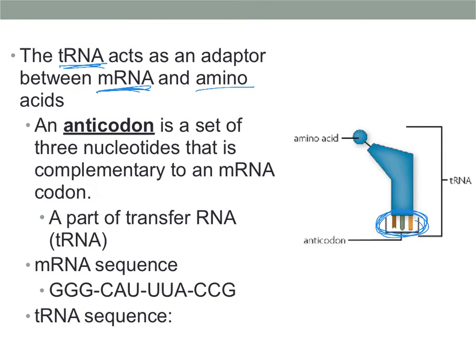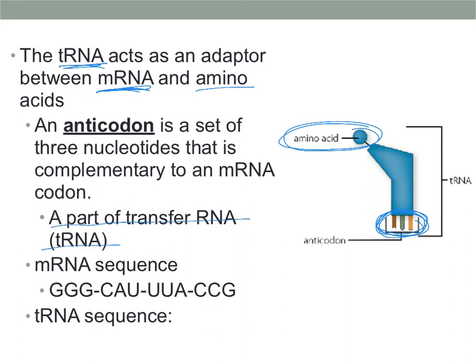That's a series of 3 bases, which would be the RNA complement to the codon on messenger RNA. At the other end is an amino acid, and this would be an amino acid that would be coded for by that specific codon. An anticodon is a set of 3 nucleotides that is complementary to a messenger RNA codon. It's a part of transfer RNA.